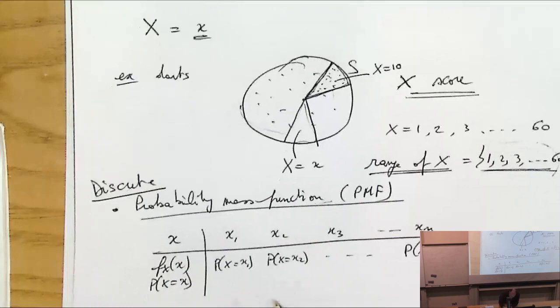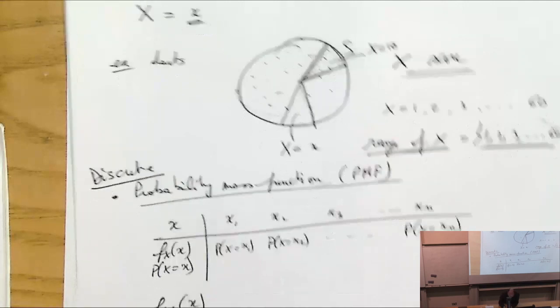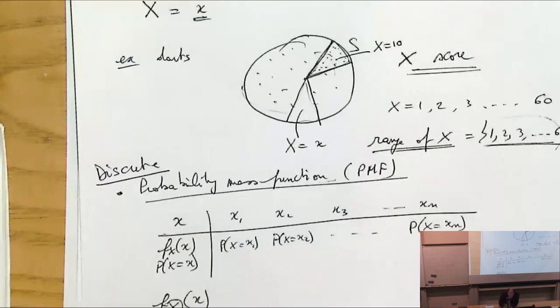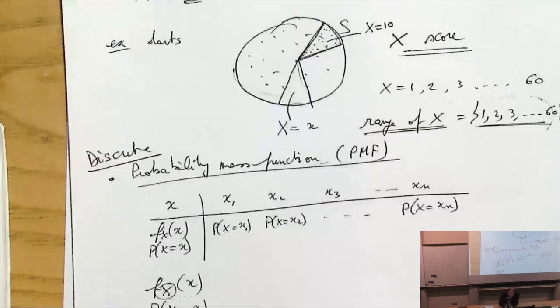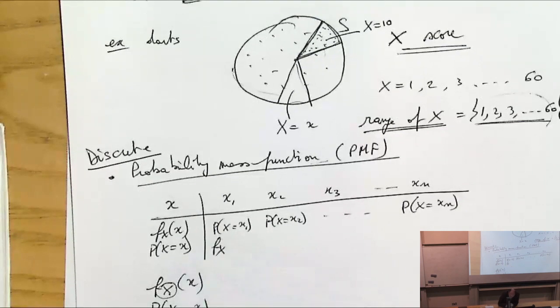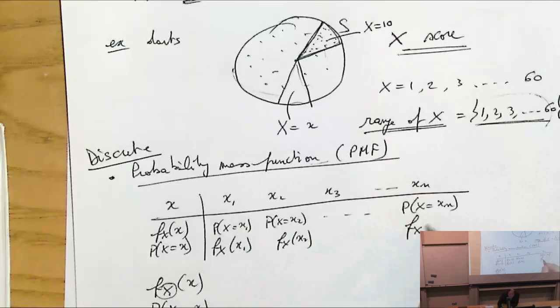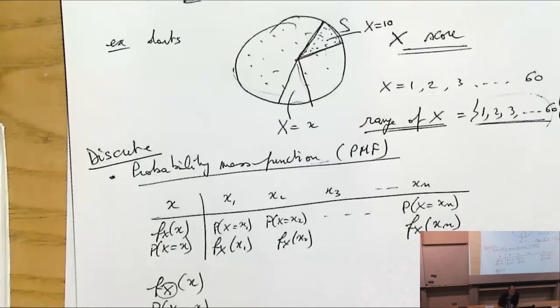And how do we write this? Well, we write something like this. That's the probability mass function of random variable x evaluated at small x, or it could be the probability of x equal to x. Here, for instance, I could write the probability of the random variable x at x1, x equal x2, x at xn.